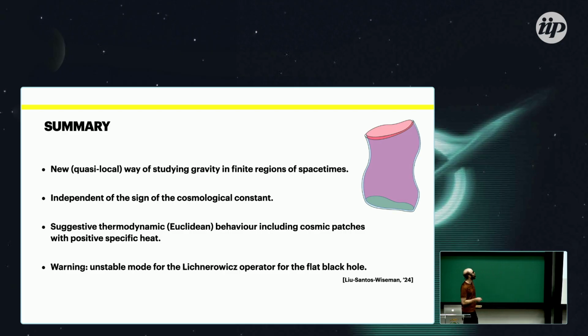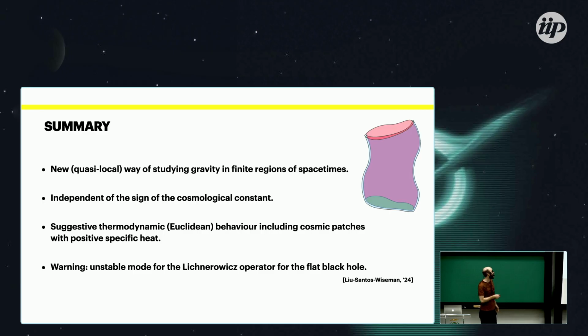And one might ask how stable this saddle is, and for that you need to study the Lichnerowicz operator, and that's what Liu, Santos, and Wiseman did in a paper last year, and they found, at least for the flat black hole, one negative mode in this operator that they claim is associated to the boundary itself.